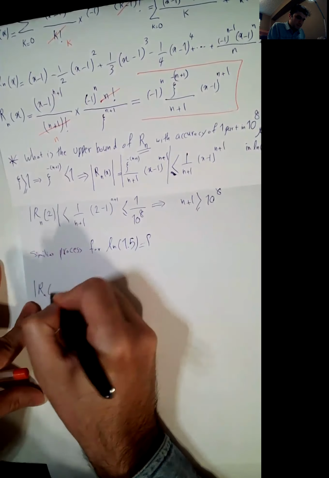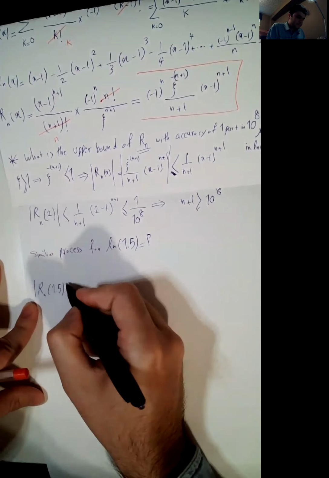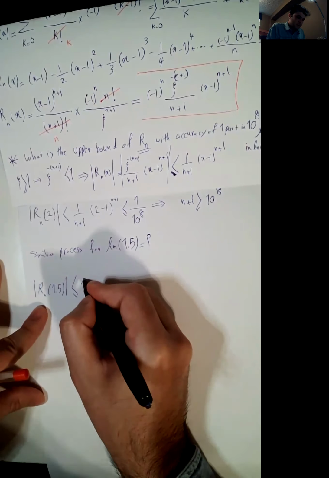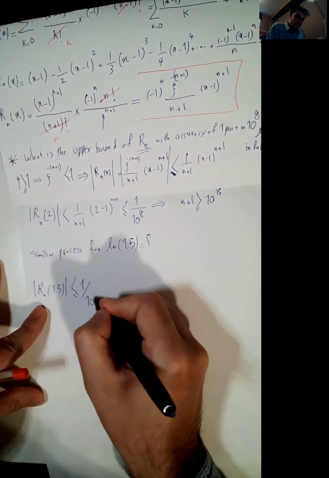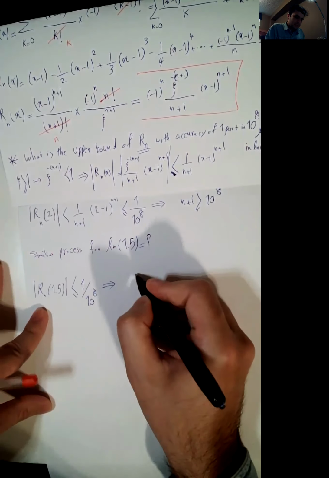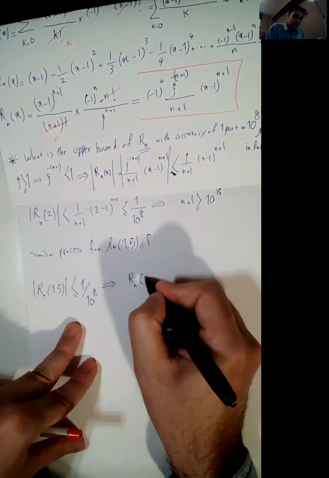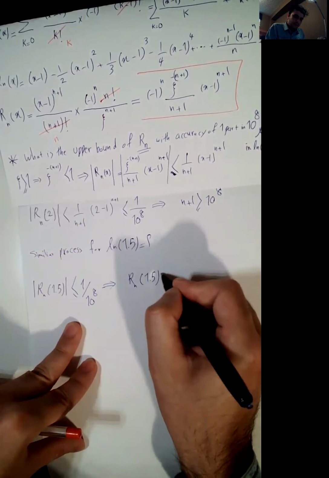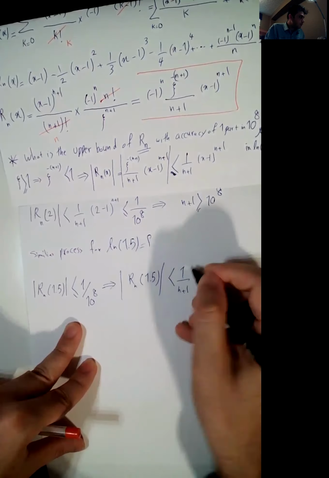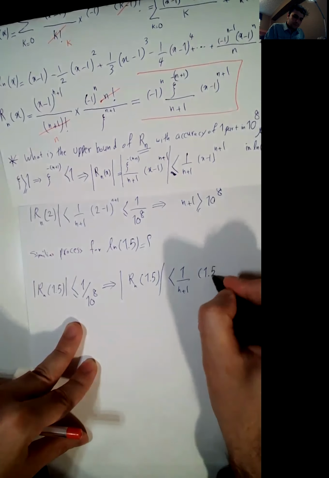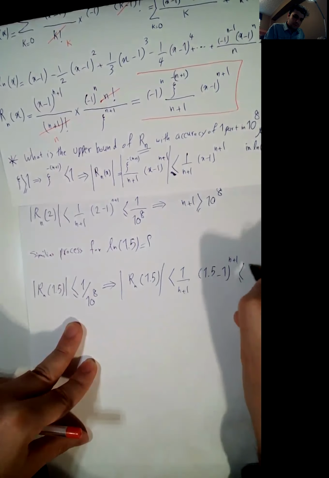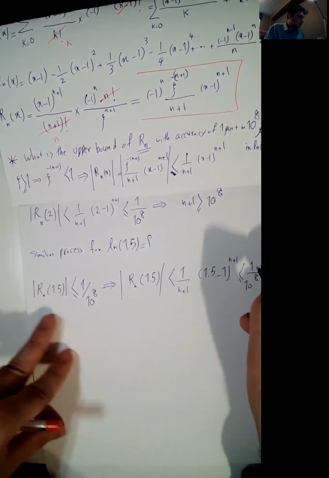Rn(1.5) should be less than 1 over 10 to the power of 8, which means that Rn(1.5) should be less than the absolute value of (1.5 minus 1) to the power of n plus 1, over (n plus 1), and that should be less than 1 over 10 to the power of 8.